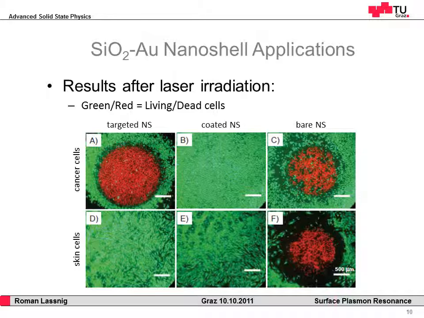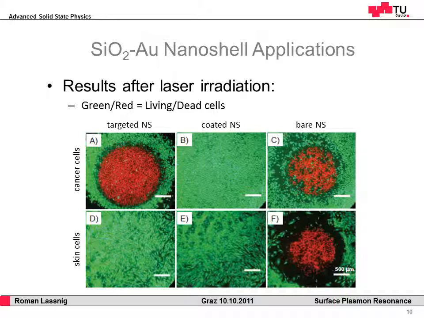So as an example for the results, just put those nanoshells into tissue you want to test. Of course, that's made in a lab and not in a human body. And then you irradiate them by a laser of a certain frequency with a certain intensity for a certain time, and check how many cells are affected. And here we have cancer cells in the top row, and in the bottom row we have skin cells.